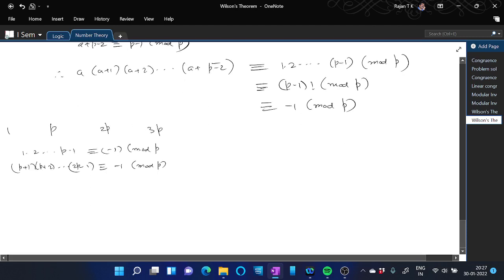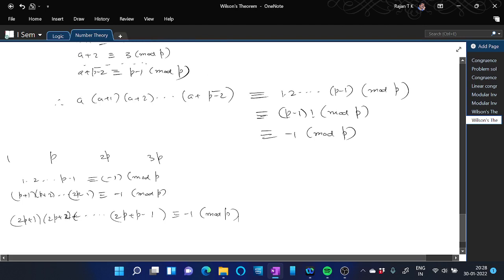Similarly, between 2p and 3p, if you take 2p plus 1 into 2p plus 2 into etc. up to 2p plus p minus 1, that is congruent to minus 1 mod p. So this is the result that we get. If a is any number congruent to 1 mod p, then starting with that a up to a plus p minus 2 is congruent to minus 1 mod p.